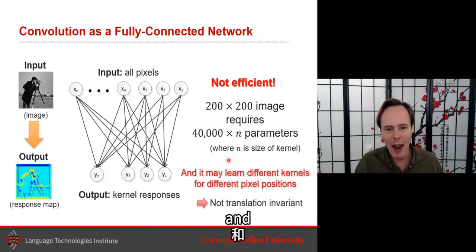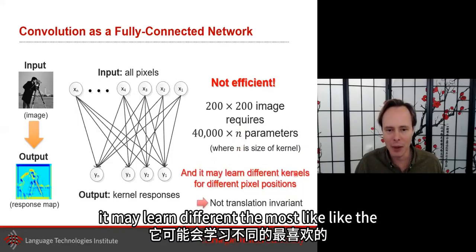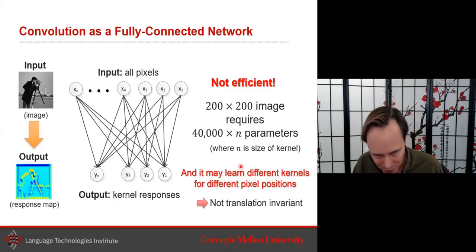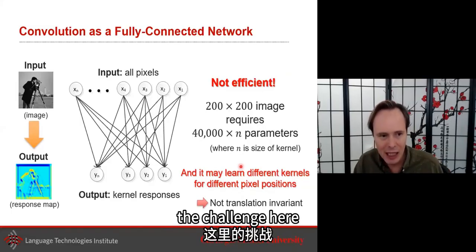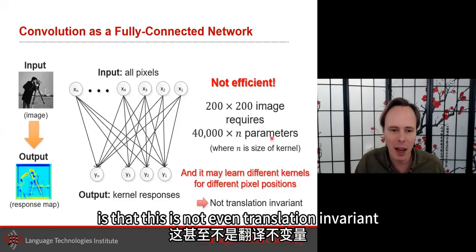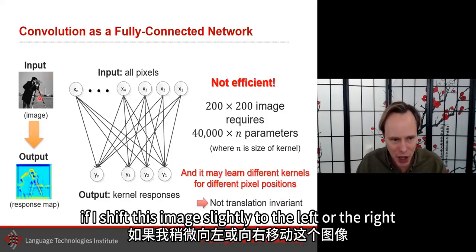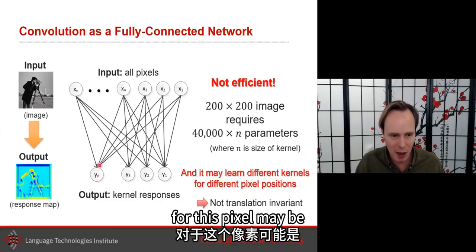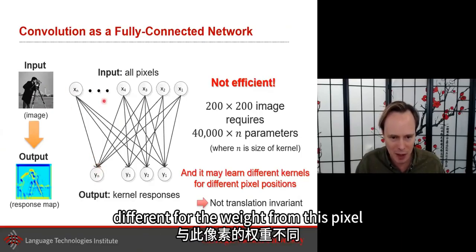The challenge here is that this is not even translation invariant. If I shift this image slightly to the left or the right, the result will be completely different, because the weight for this pixel may be different from the weight for this pixel.